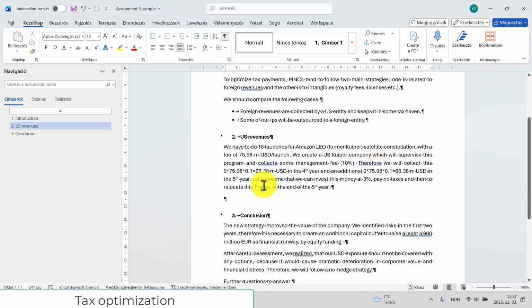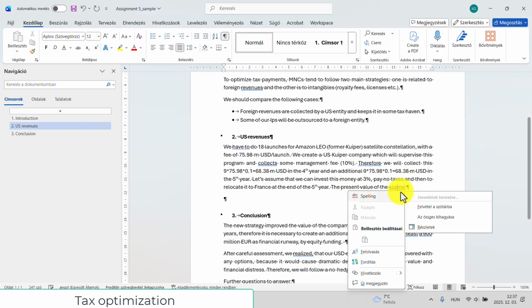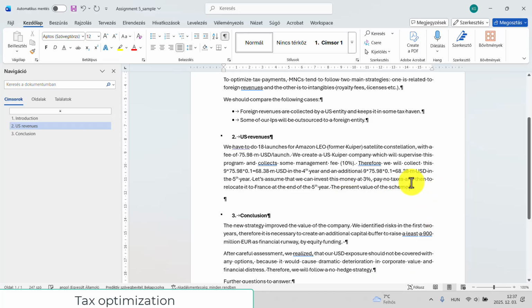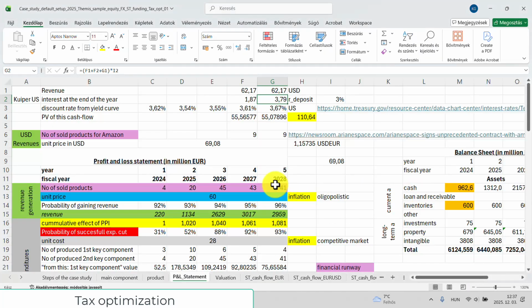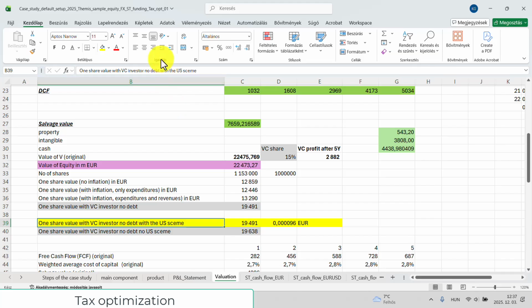So therefore we can collect this money, the blah, blah, blah. The present value of the scheme. I had a typo here.